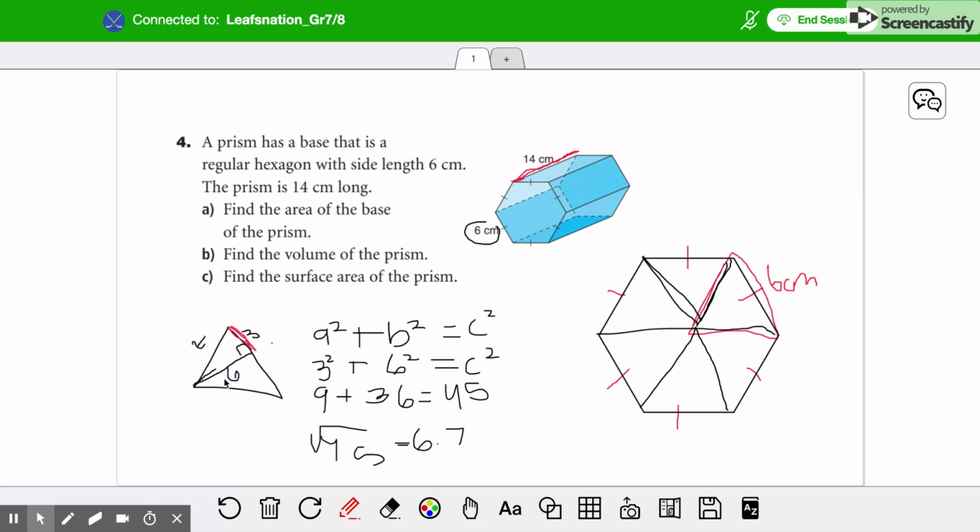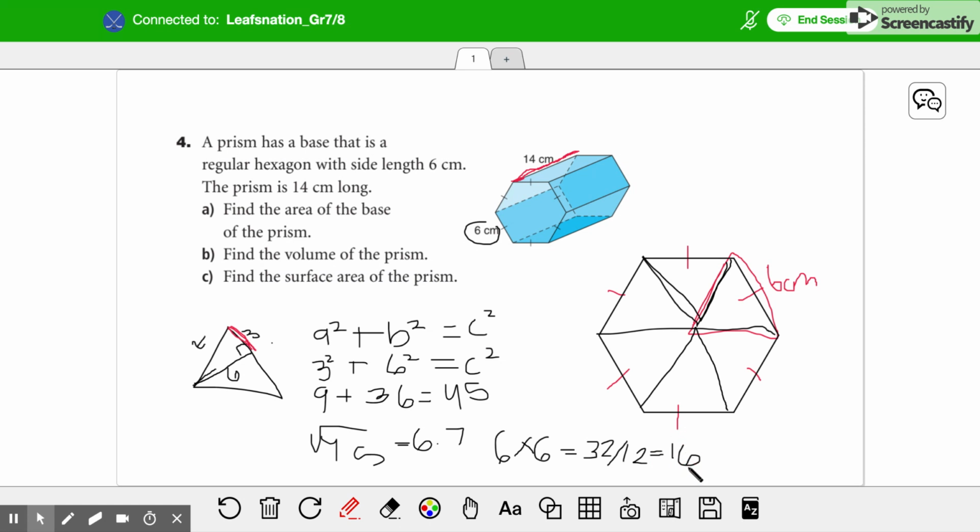So 6 times 6 is 36, divided by 2 is 18. We don't really need to use the Pythagorean theorem then? To me, I don't know why you would need to use Pythagorean. If you're finding the area of the base, there's no need to find the imaginary missing side length.